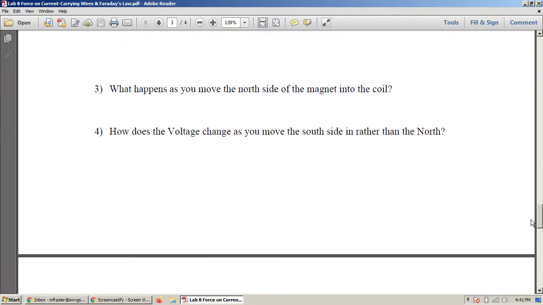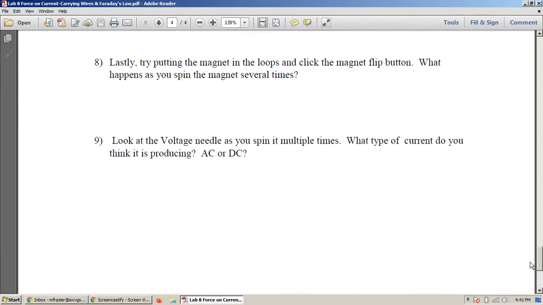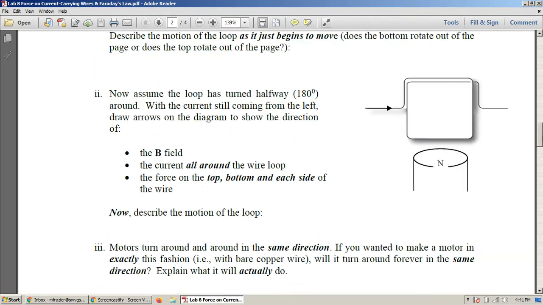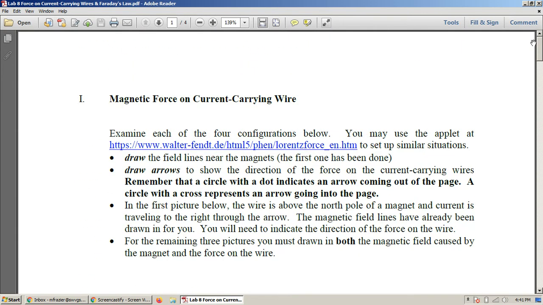All right, and you'll notice there are three parts and there are several questions for each part, and so the point of this is to go over the lab a bit so you can see how to work things.